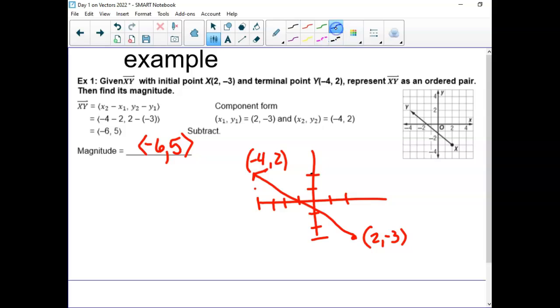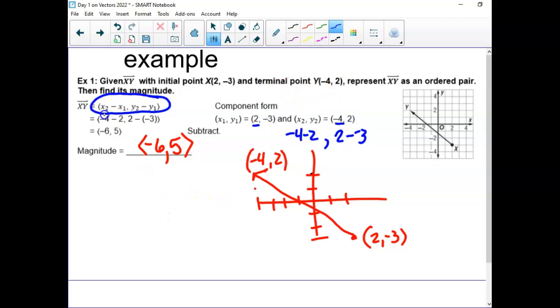But the actual formula is to take the second one minus the first one, okay? Just like slope, only you're not doing y over x. So if you went from here to here, it would be -4 minus 2 for the x's, and 2 minus -3 for the y's. You do the second one minus the first one.